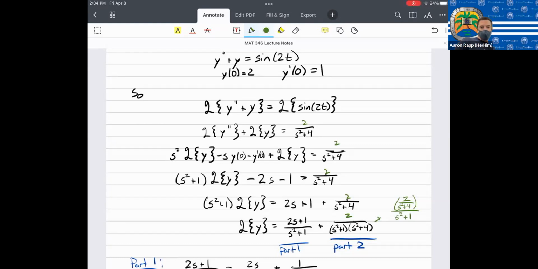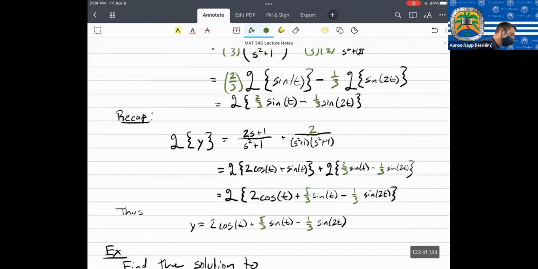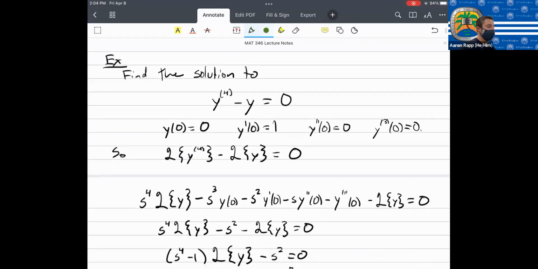All right, so one of the perceived benefits of this Laplace transform: it still can't easily handle anything other than second order linear differential equations with constant coefficients, but it can also handle higher order differential equations and non-homogeneous differential equations with relative ease compared to something like variation of parameters.